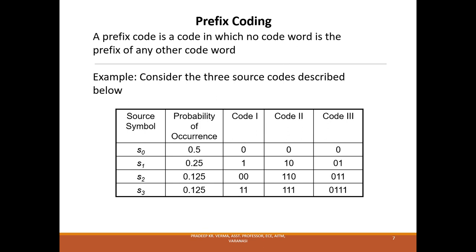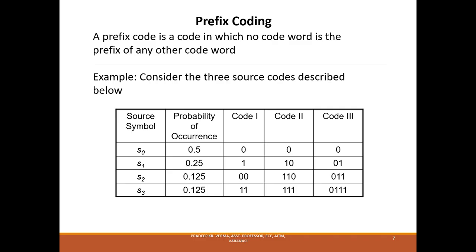In the previous lectures, we have studied various types of codes. In that, we studied prefix codes, as can be seen in the table. There is a source producing four symbols, S0, S1, S2, S3, and the probability of occurrence of each symbol is given in column 2, that is 0.5 for S0, 0.25 for S1, 0.125 for S2 and 0.125 for S3.